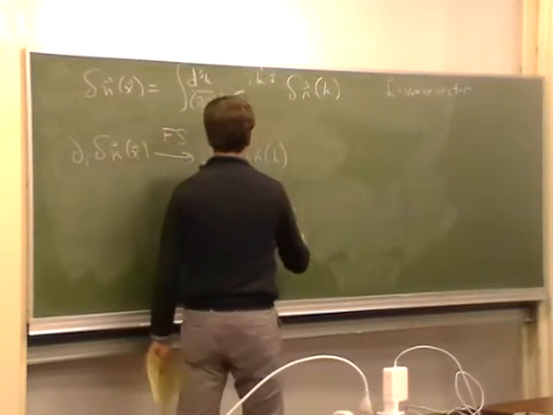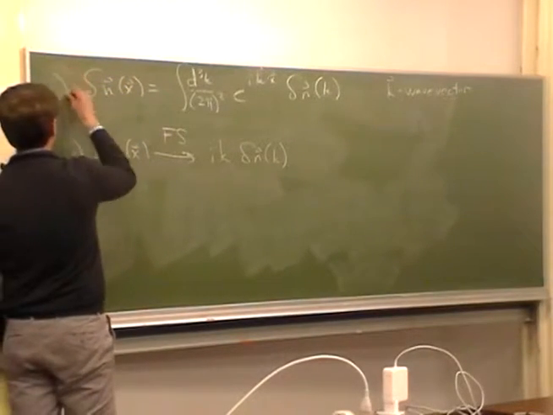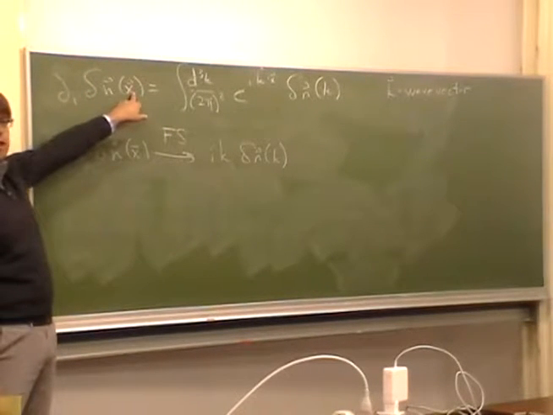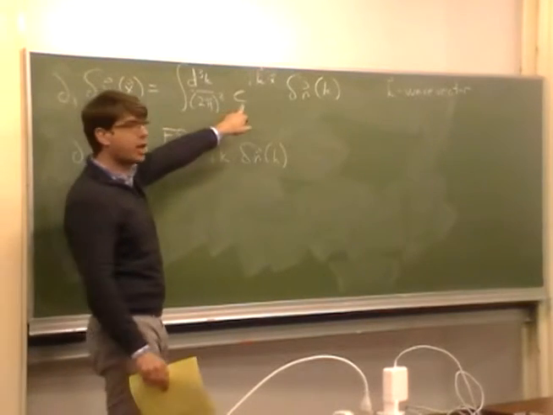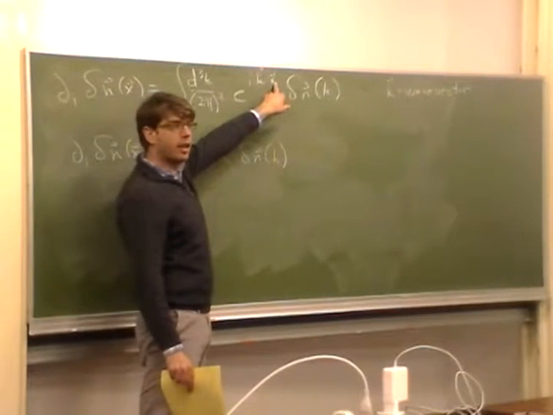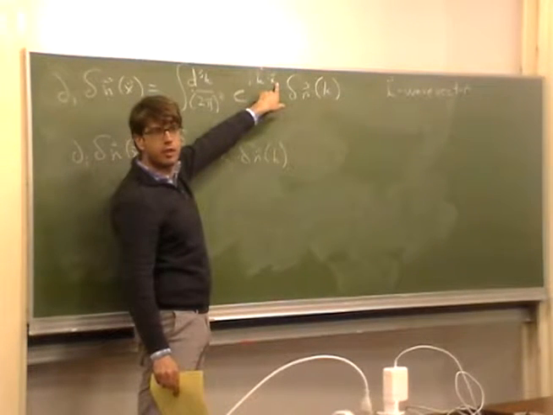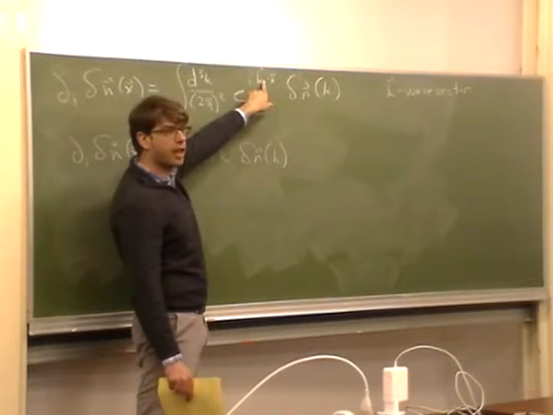You can imagine this operation in the following way: the spatial derivative with respect to the ith component of the x direction. Using this inverse Fourier transform, the derivative is just going to act on the ith component of the x direction here. It's going to pull down a factor i times ki.